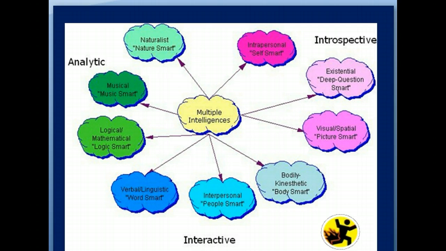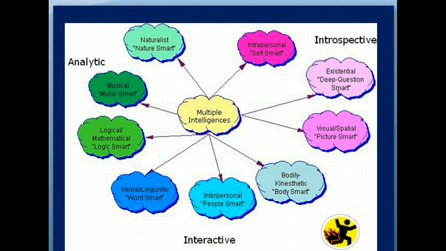If we look at the 7 o'clock position, we have what we call verbal linguistic smart or word smart, people that are able to use words, use the language to express themselves in a meaningful way. We have at the 9 o'clock position logical, mathematical, or logic smart. I'm sure you all know people that have a passion for math, love math, are able to do math and explain it.